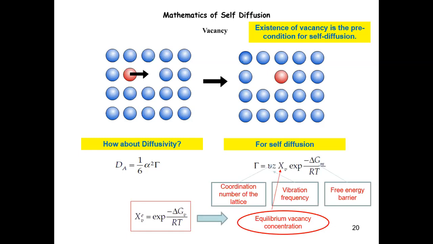With sufficient vacancy concentration, you basically fluidize the whole material. At high temperature, you have more and more vacancies, and then the whole material loses connectivity and becomes a fluid. But anyway, that's a different thing. I just want to quickly mention this as a good review of the thermodynamic aspect of vacancy concentration, okay?